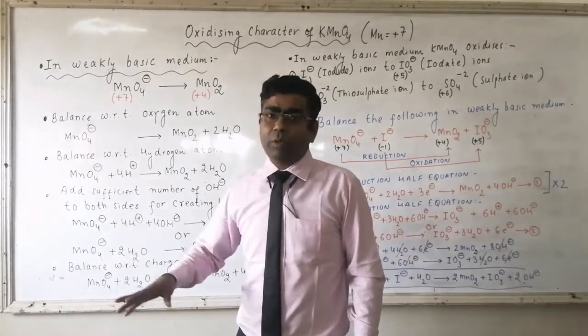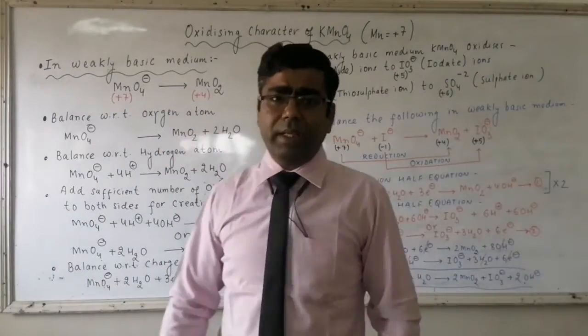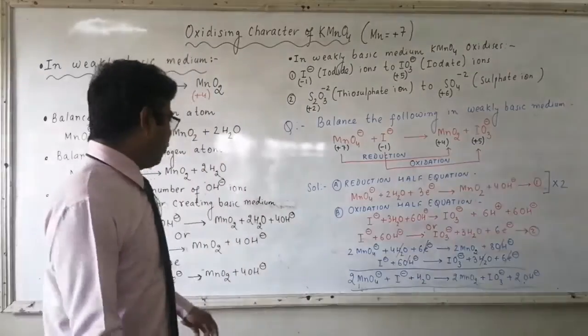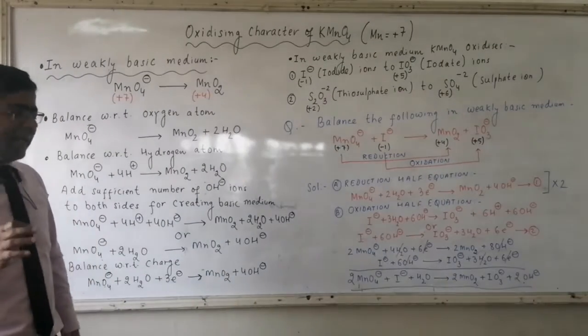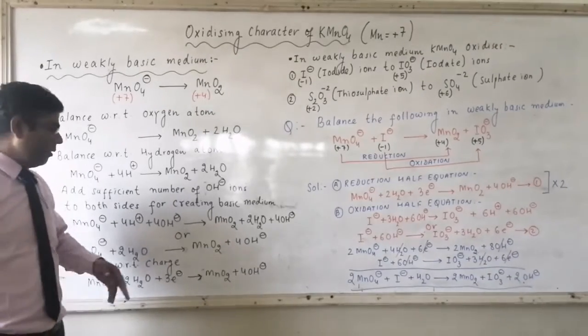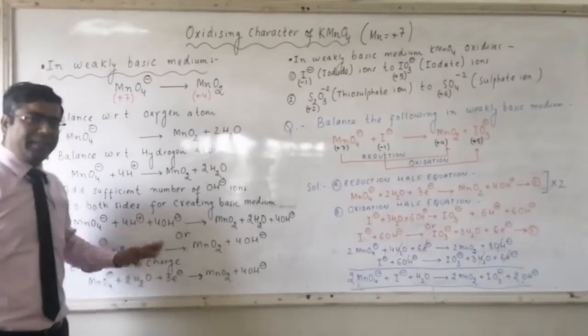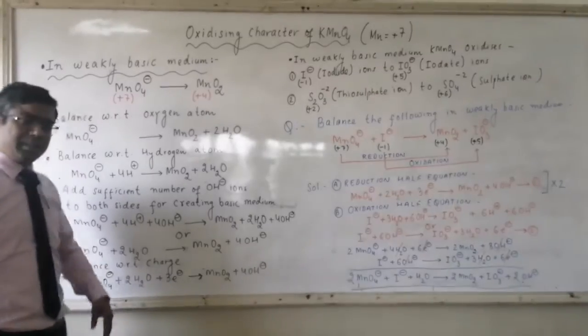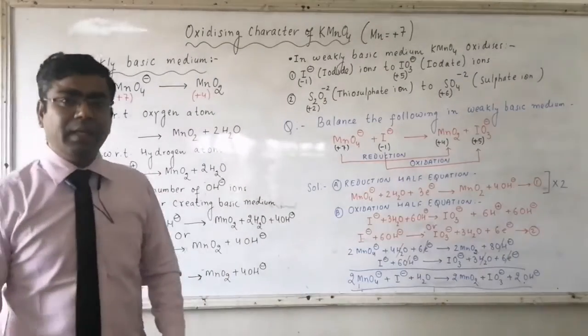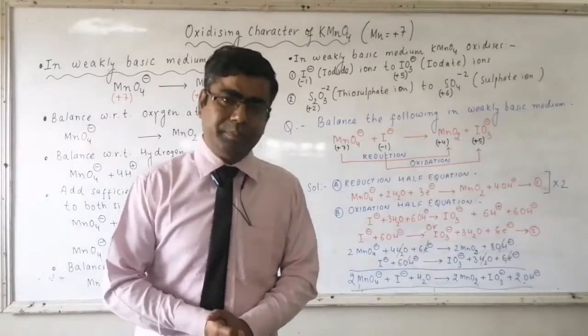It should not be there because we are dealing with balancing in basic medium. So what will we do? For cancelling out 4 H plus ions, we will add 4 OH minus ions to both sides. When 4 OH minus are added on the reactant side, they cancel out the H plus. And when 4 OH minus are added to the product side, it will create basic medium.